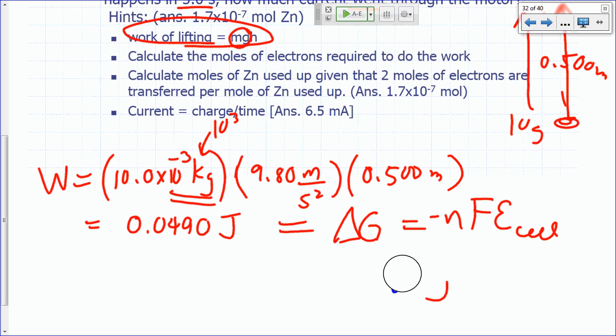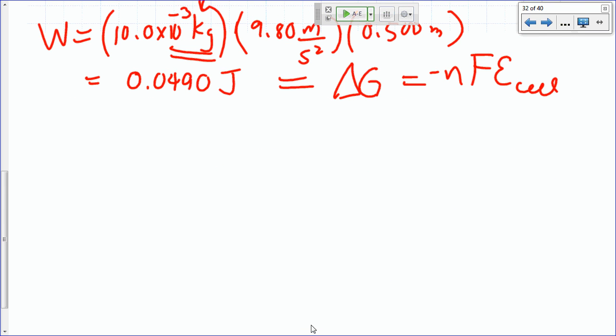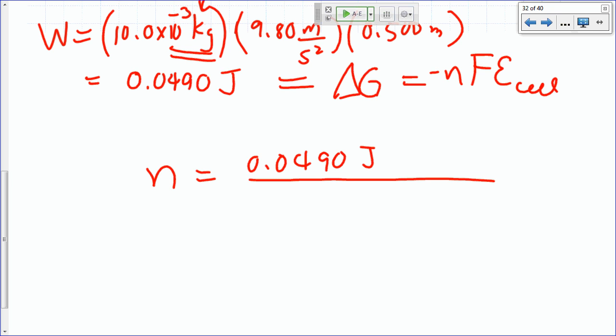What's our n here? n would be equal to 0.0490 joules over, and let's just use absolute values here.